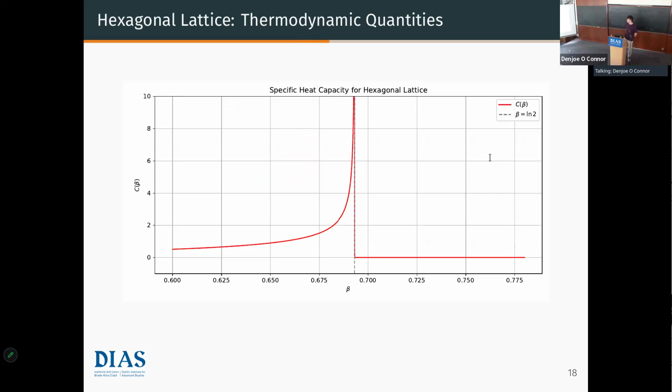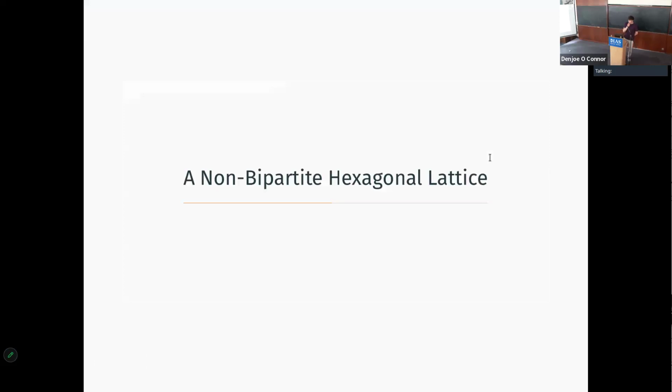When you approach it from one side, it diverges, and in the low temperature regime, it's just totally flat, so it's not moving at all. And it's at 0 because C is equal to 1, so ln of C is just going to be 0. So it's a nice check to make sure that's correct. But yeah, that's about it for the hexagonal lattice.